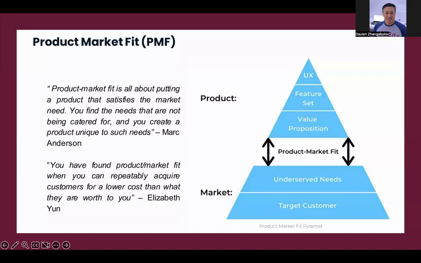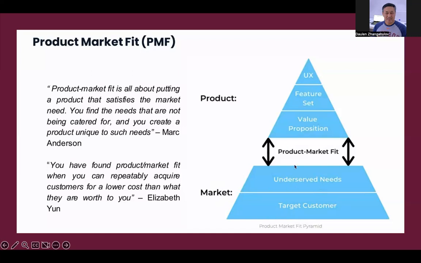Basically, if you are making a startup, setting up your own business, or developing your product, you need to put together a product which satisfies a market pain or market need. As you can see on this pyramid, let's start from the foundation. In the market, first we identify the target customer.